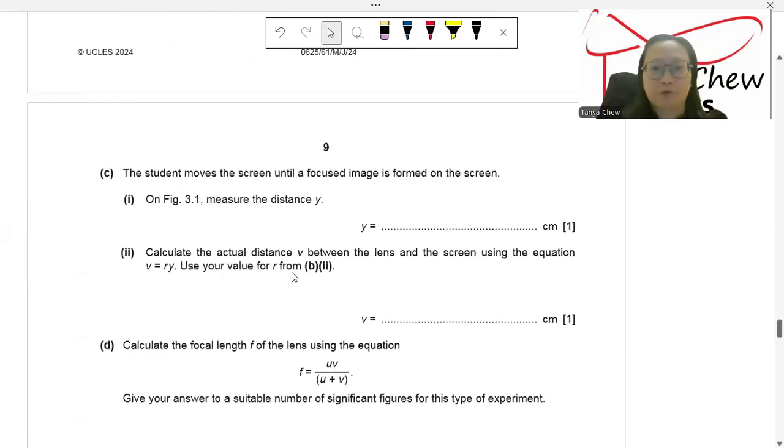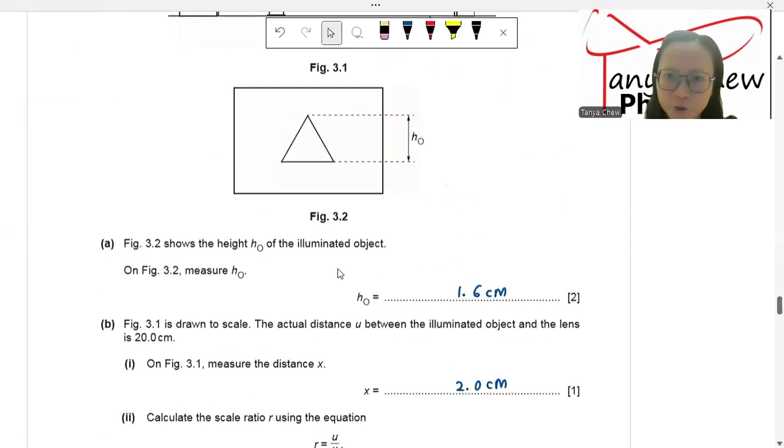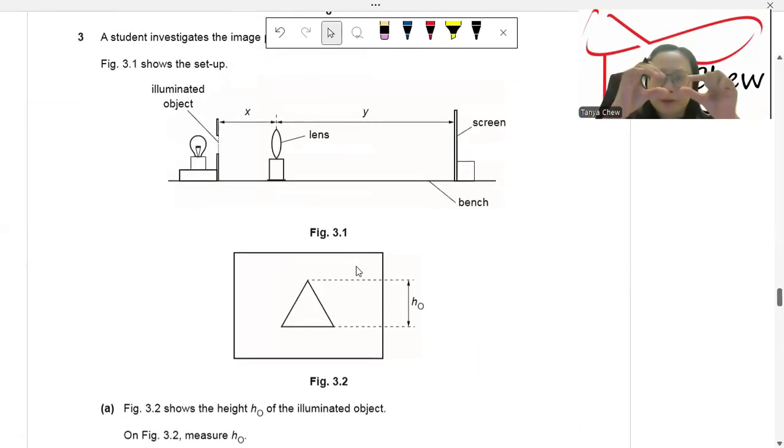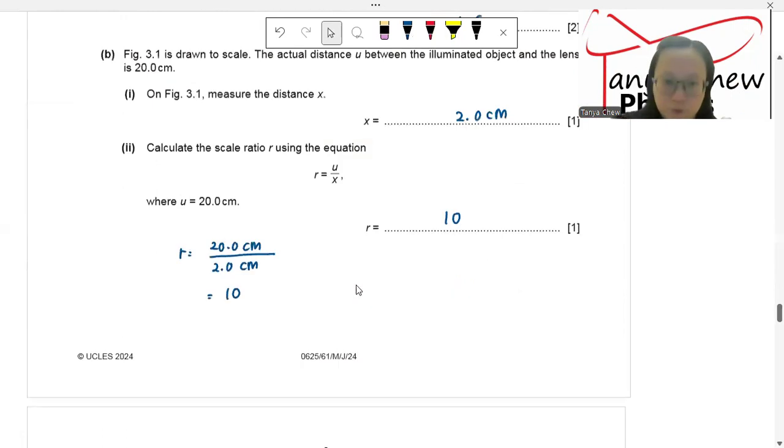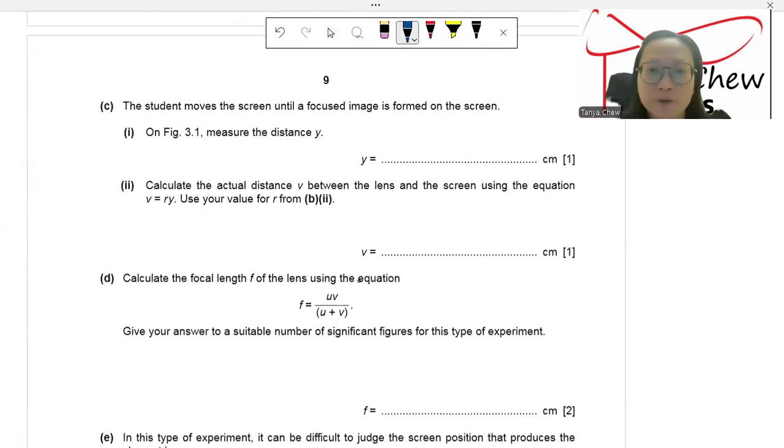C, the student moves the screen until a focused image is formed on the screen. C.1, on Fig 3.1, measure the distance y. Again, scroll up to y. Place the cm rule horizontally. Measure the distance between the two arrows, that's the value of y. I got 6.2 cm.